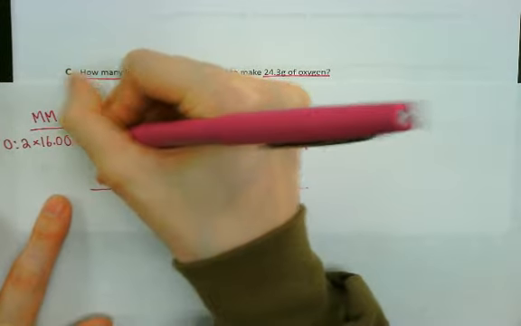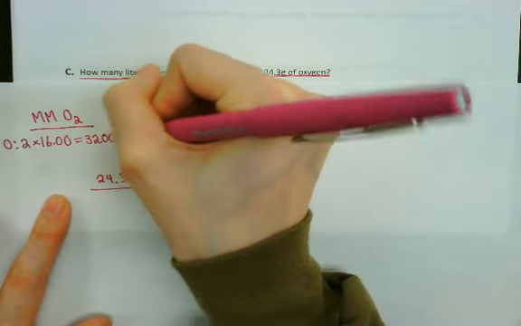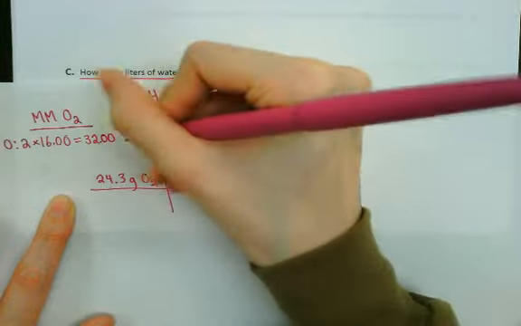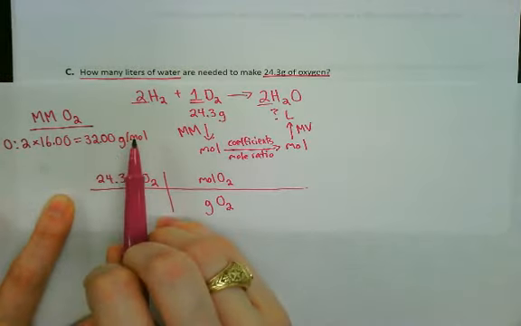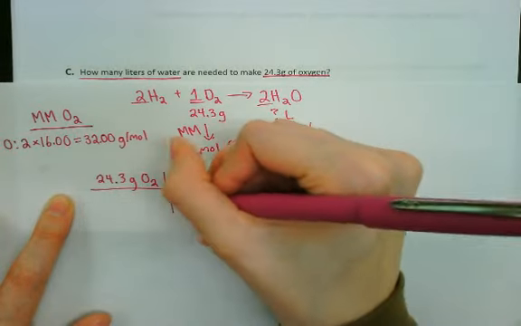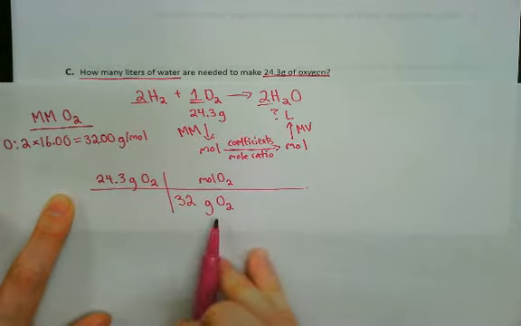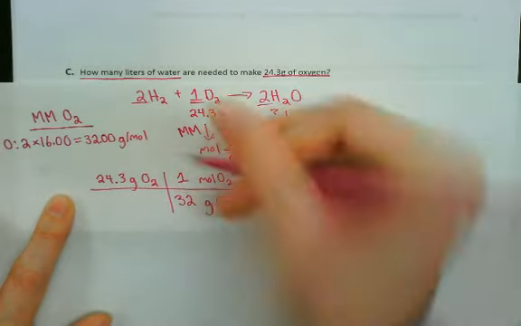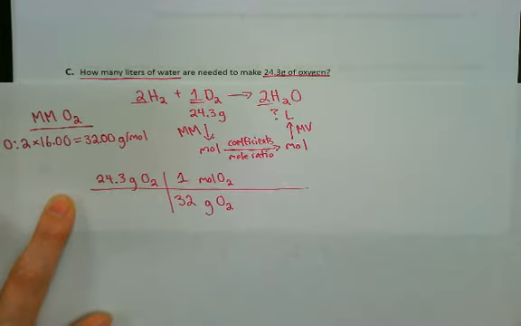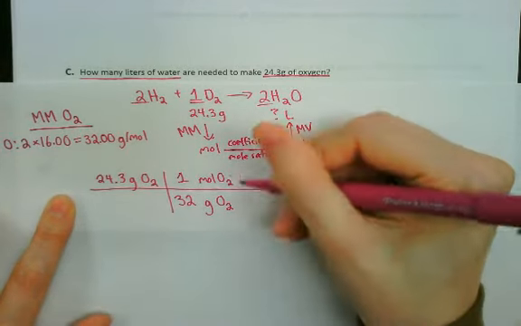If I do 2 times 16.00, I get 32.00. That is my molar mass of oxygen, 32.00 grams per mole. So I can go ahead and put 32 with my grams of oxygen and 1 with my mole. In 1 mole of oxygen, we have 32 grams of oxygen.